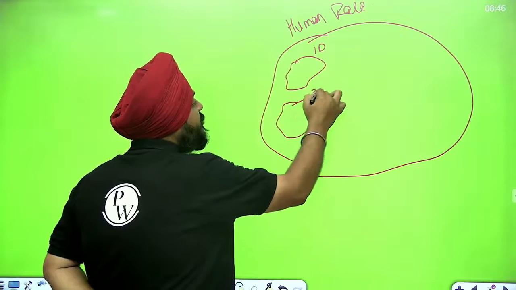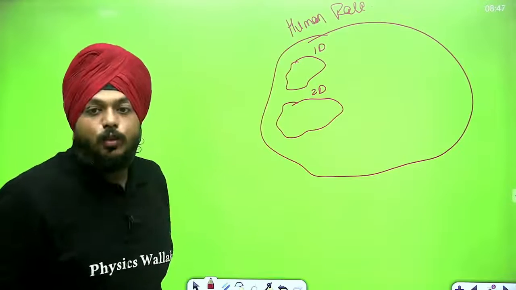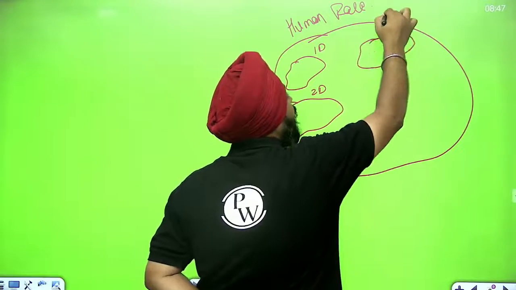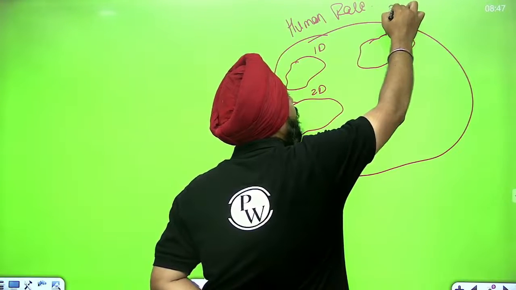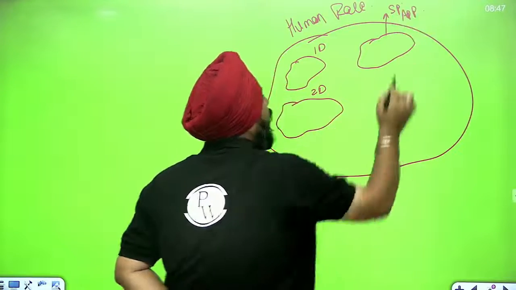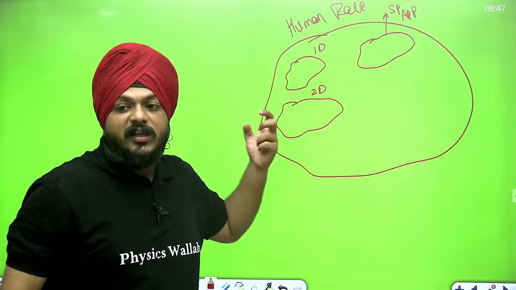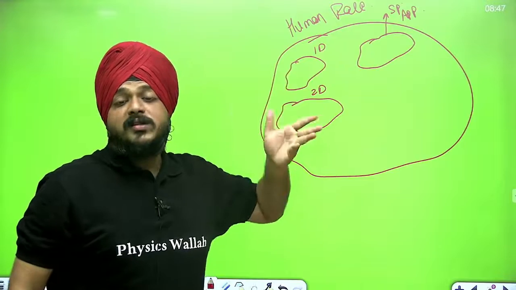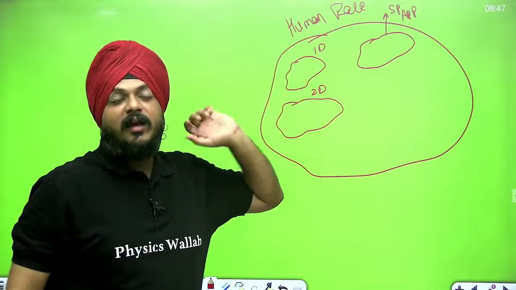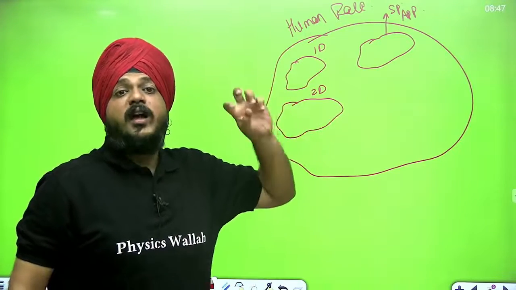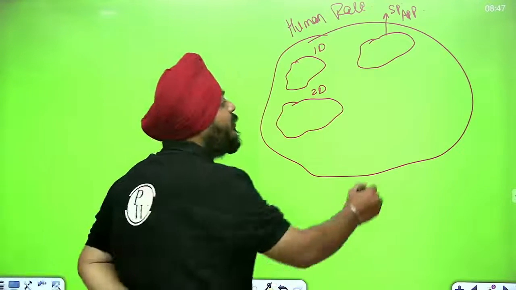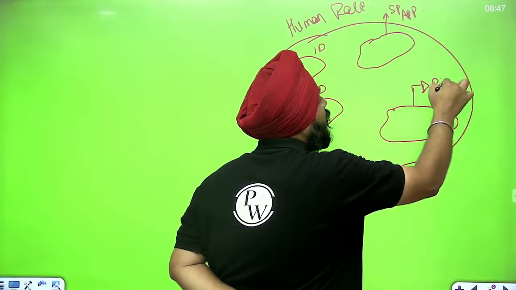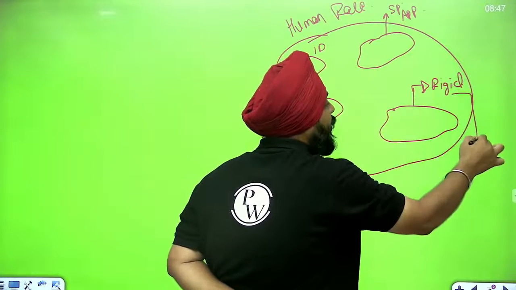The second is 2D motion, along two paths. The third is non-uniform motion, with some special applications. Among all of these civilizations in the entire human race, the most rigid civilization is periodic motion.